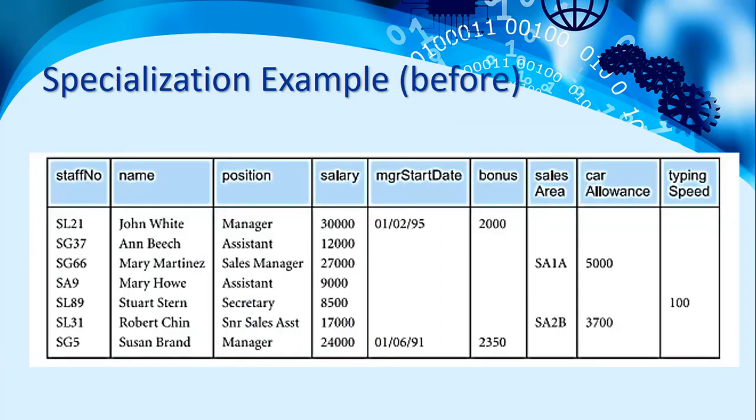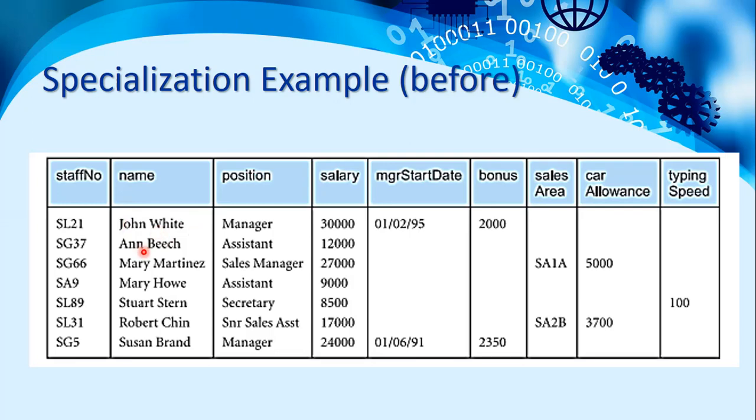So this is how it will look. This is the staff entity from earlier, which was converted into a table. And as you notice, we have here the members of the staff.